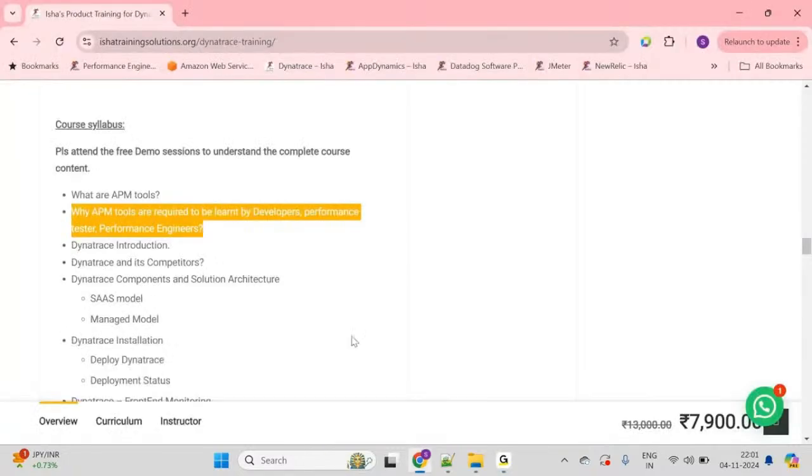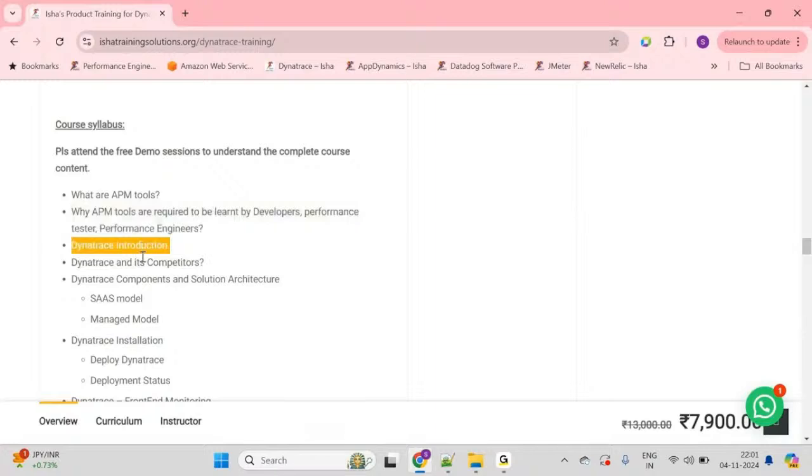And straight away, we will look into the Dynatrace introduction, and competitors, which we just discussed. And there are two deployment models available. One is the SaaS based model, software as a service, and the next one is the managed model, otherwise called the on premises model.